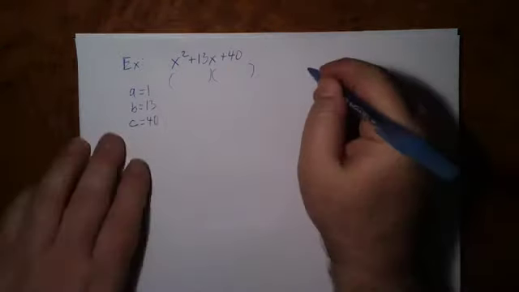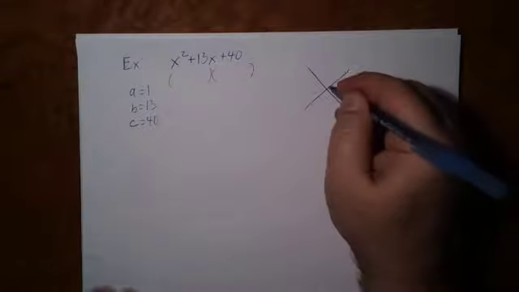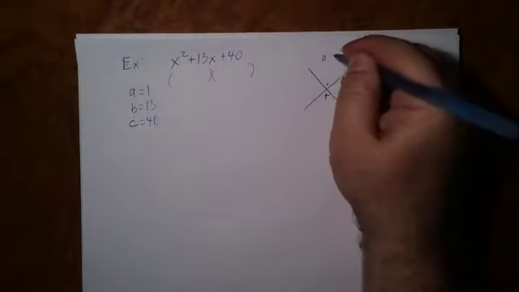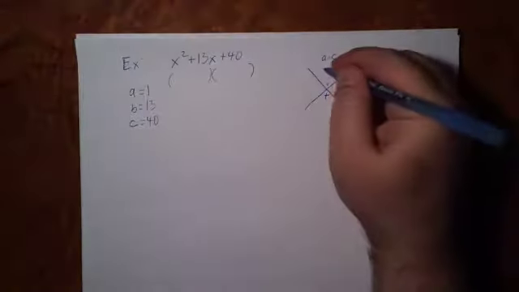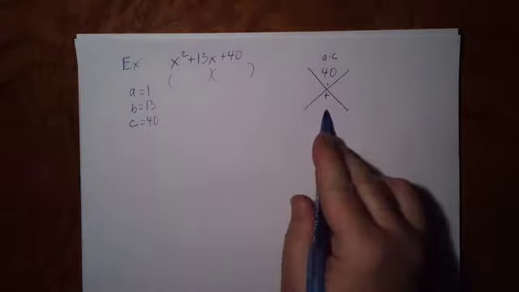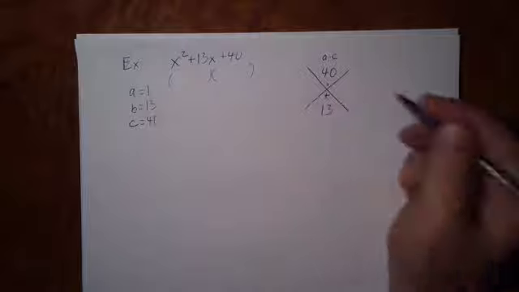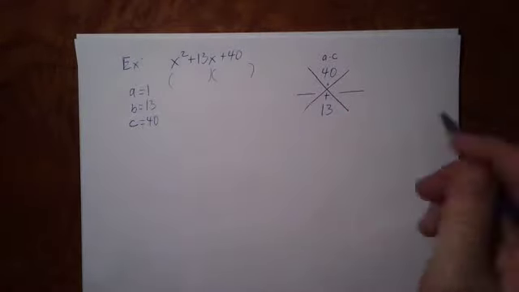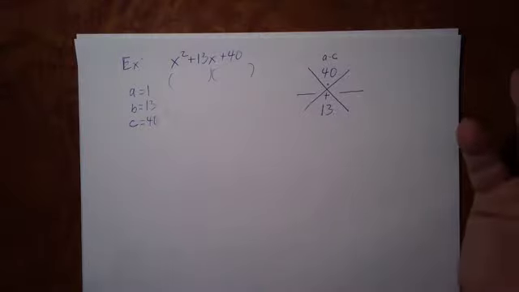So now I'm going to go over here and make up my X box. I want to find two values. Remember, this is a times c. Two values that multiply to 40 and that add to 13. Sometimes when you're trying to think of what these values are, if you don't know all of your factors of 40, you may have to list these on the side as follows.